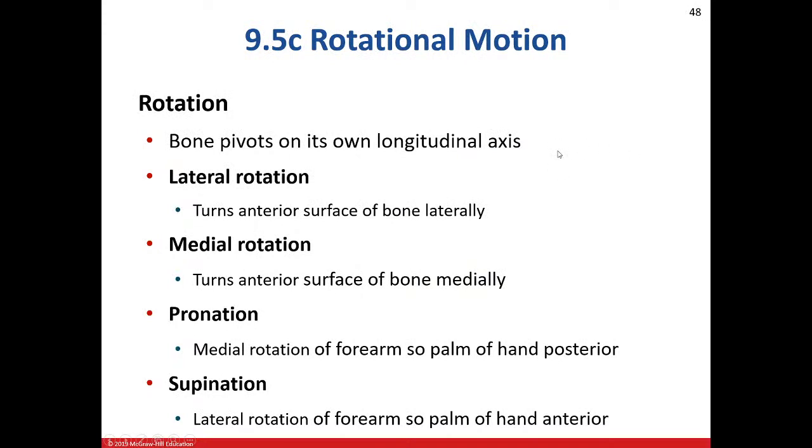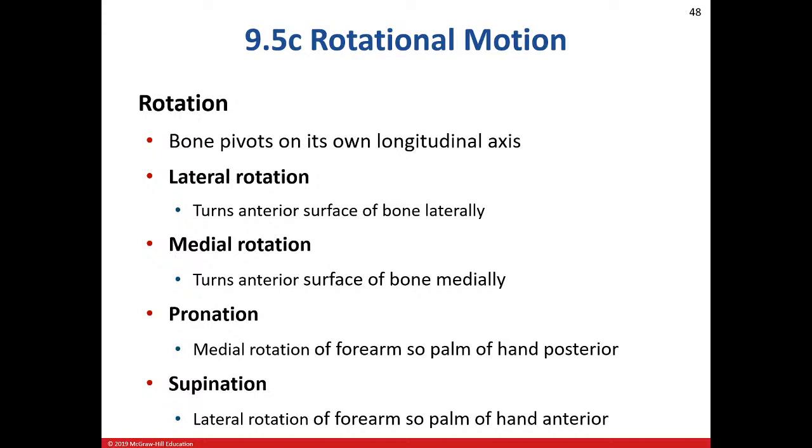All right, so rotation. This is where a bone pivots on its own longitudinal axis. Okay, and we have lateral rotation, where we turn the anterior surface of the bone laterally. Medial rotation, where we turn the anterior surface of the bone medially.